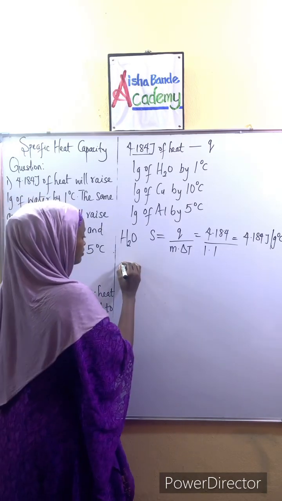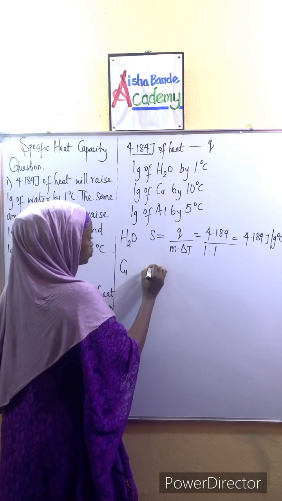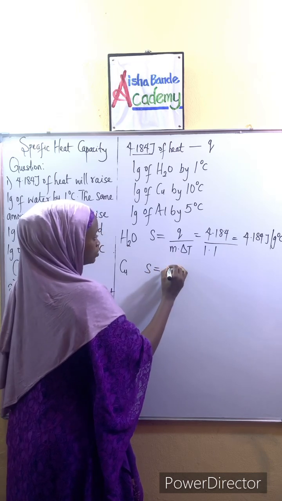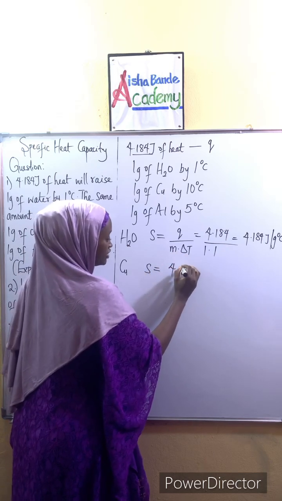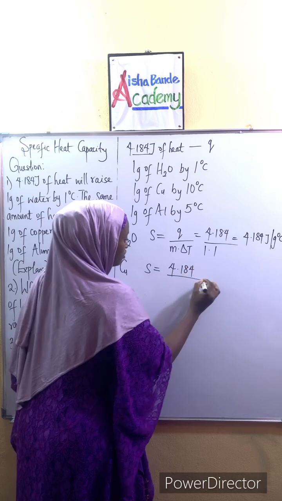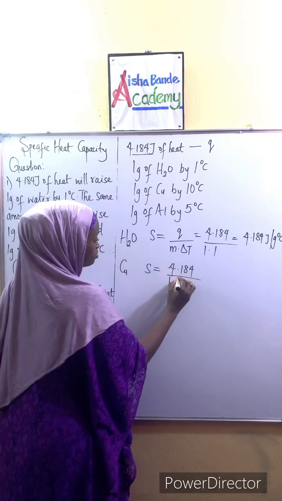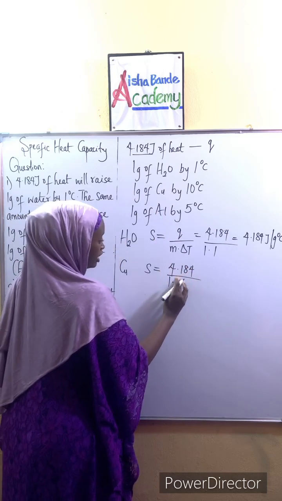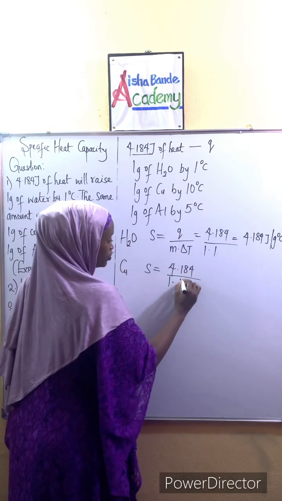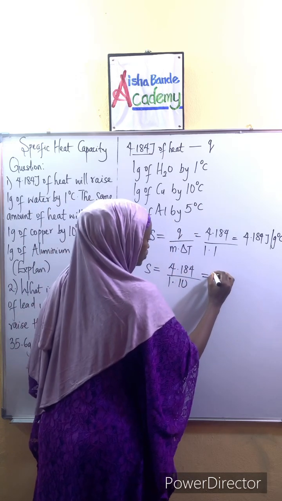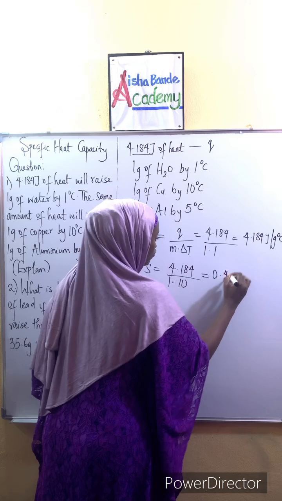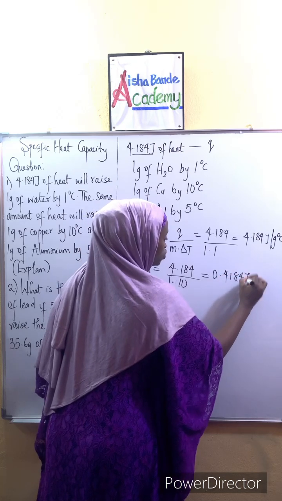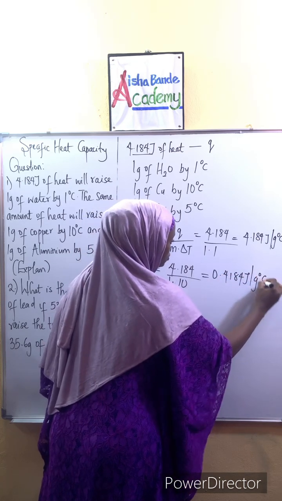Calculating the specific heat capacity for copper, S is equal to the heat, since it's the same heat, 4.184, divided by the mass, which is 1, multiplied by the temperature change, which is 10. This gives us a value of 0.4184 joules per gram per degree Celsius.